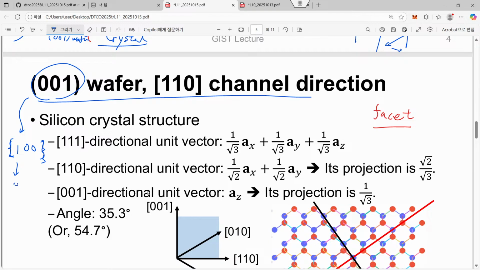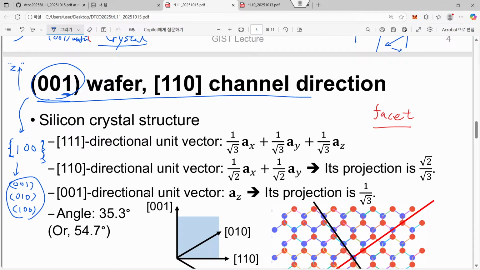I mean that 001, 010 and 100 all belong to this {100} surface. In this case, I always say that the vertical direction is the z direction. That's the reason why I'm using 001 here.